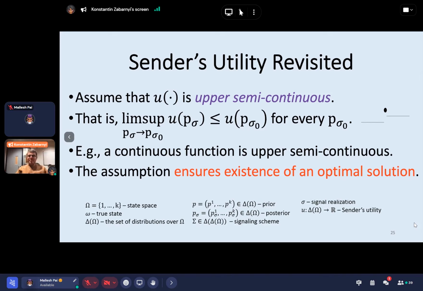Intuitively, in terms of persuasion, we think of upper semi-continuity as the requirement that ties are always broken in the sender's favor, because the discontinuity points essentially correspond to the receiver switching from one action to another. And if the receiver has freedom of choice, has indifference between several actions, we want her to choose the action which is best for the sender. And this is exactly upper semi-continuity. And this condition ensures existence of an optimal signaling scheme. But this condition is truly general.